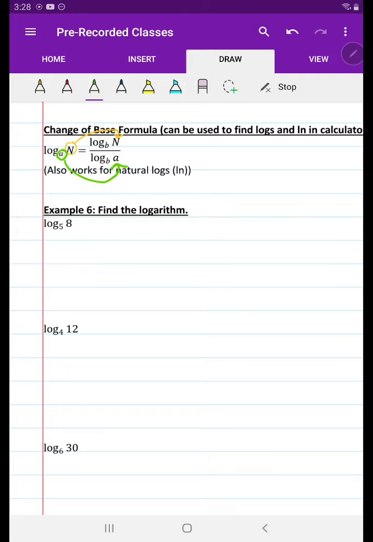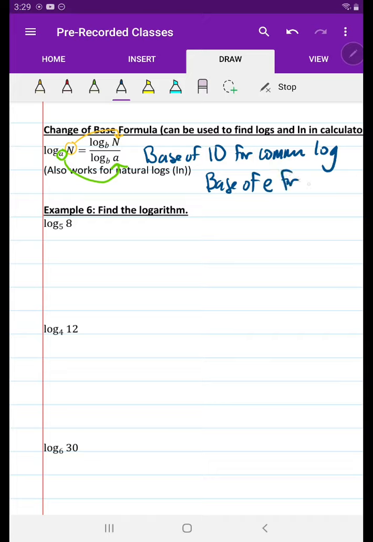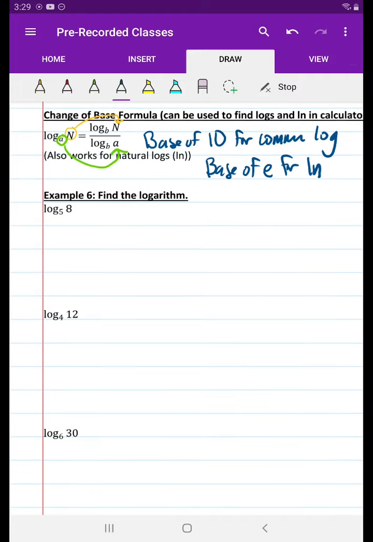If you use a base of 10 for a common log, or a base of e for a natural log, then you can plug that into your calculator and evaluate any log at all. So for example, in example 6, we have log base 5 of 8.